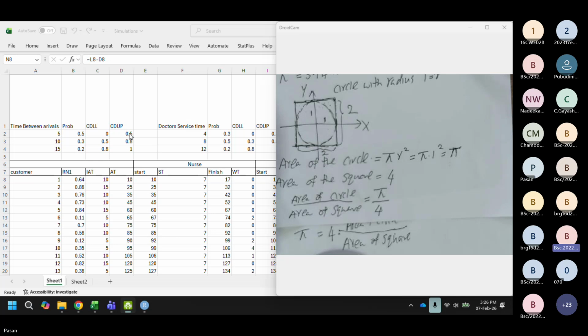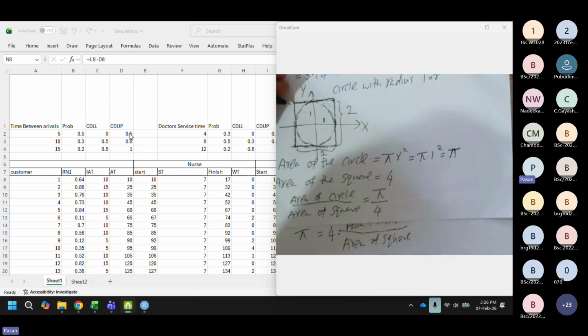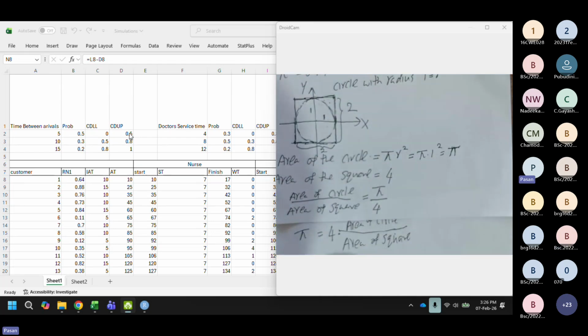If I generate random numbers inside that square, I'm getting random numbers equally inside the square, so inside the circle as well as outside.